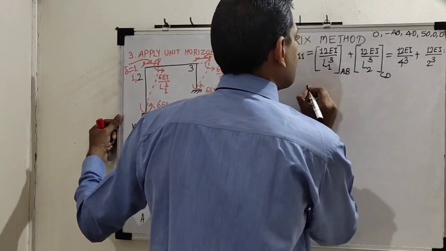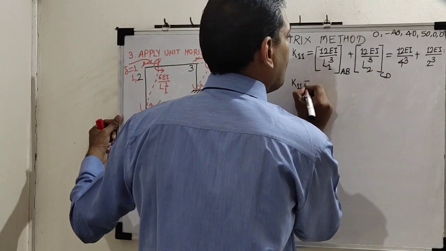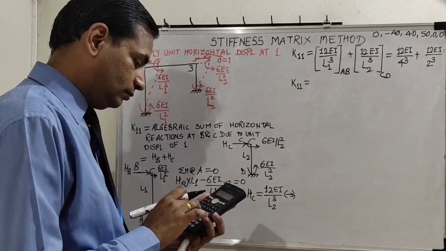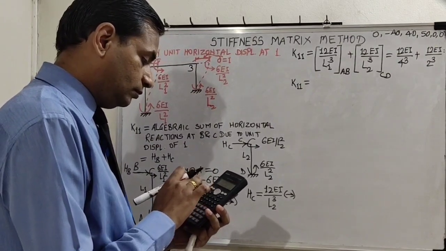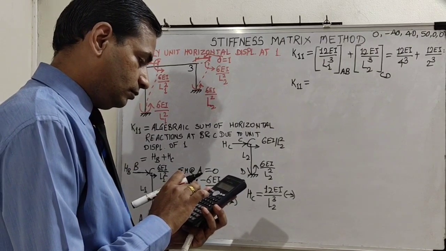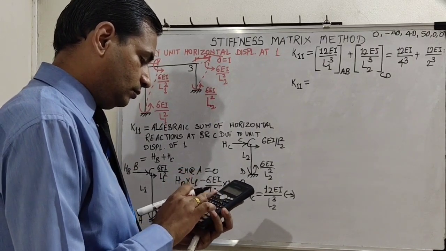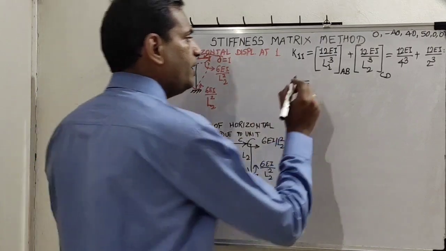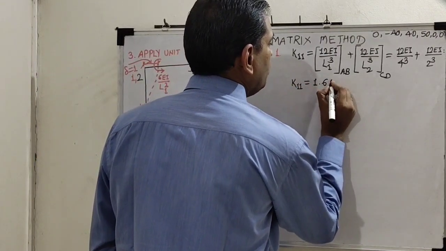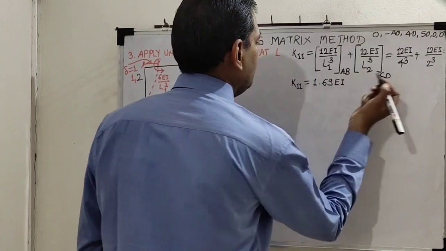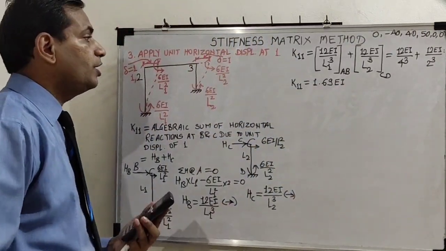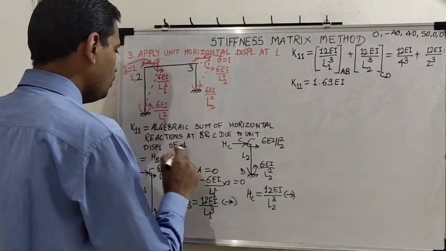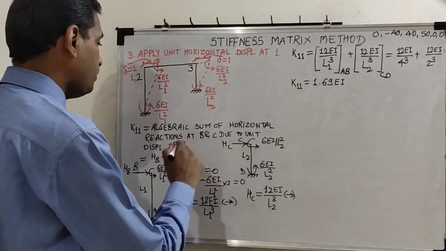Let us see how much is this K11. So it is 1.6875, so I'll make it 1.69EI. So this is your K11. It means the algebraic sum of horizontal reactions at 1 due to horizontal unit displacement of 1.